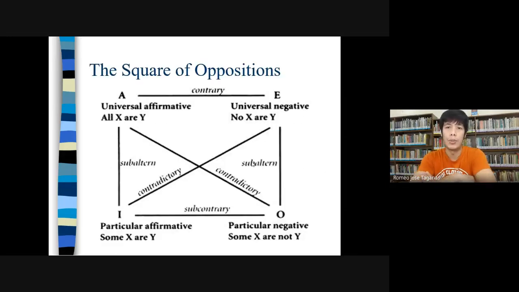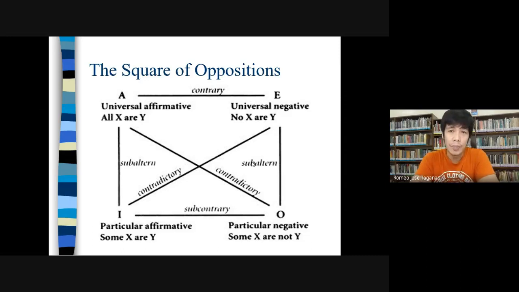I'm introducing to you the square of oppositions. I hope that in the previous lecture video, I have discussed and established the four different propositions. Malinaw sana yon. Kung hindi nyo maalala, refer back to our previous video. This is going to be a new topic, the square of oppositions. In this topic, we will be talking about the relationship of propositions to each other.